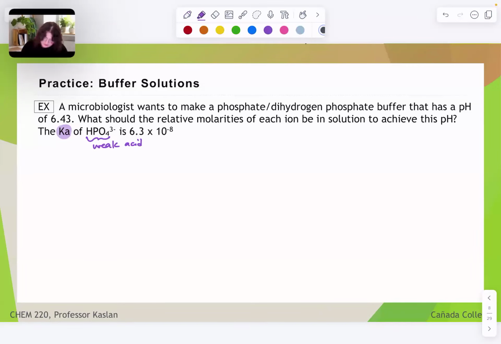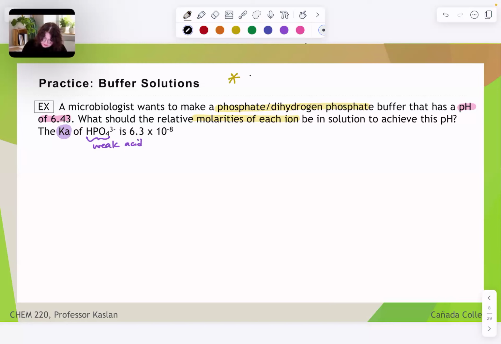I also know my desired pH. So I know my pH. And now the goal is to figure out the relative molarities of phosphate and dihydrogen phosphate that need to be present in order for us to make a buffer that has this pH.